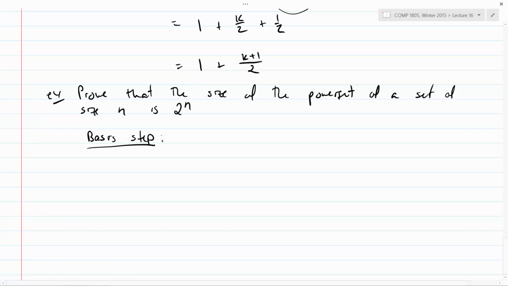It's the empty set. So the basis step is n equals 0. So if that's the case, then the set is empty. Since n equals 0, the set is the empty set. There's no other set that has size 0. It's just the empty set. And in this case, what is the power set?